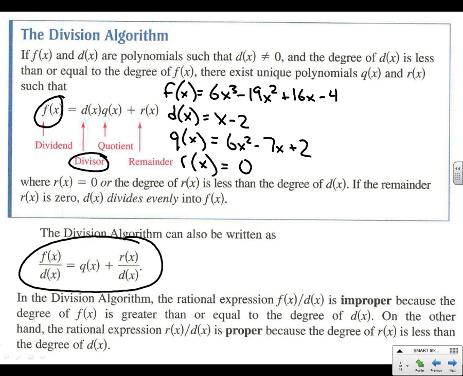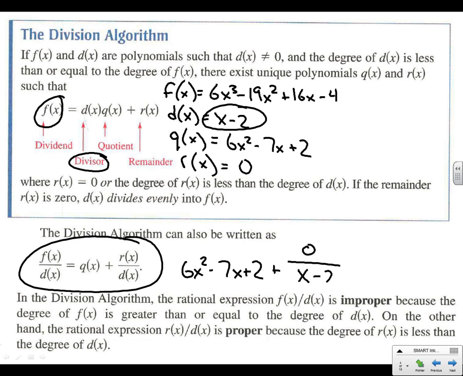The answer to our problem before would be 6x squared minus 7x plus 2. And we didn't really care about the remainder because the remainder was 0, but what if there was some number? What we would do is we would say remainder over the original divisor, the thing we were dividing by.